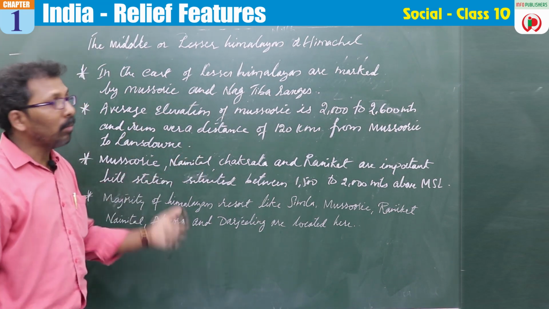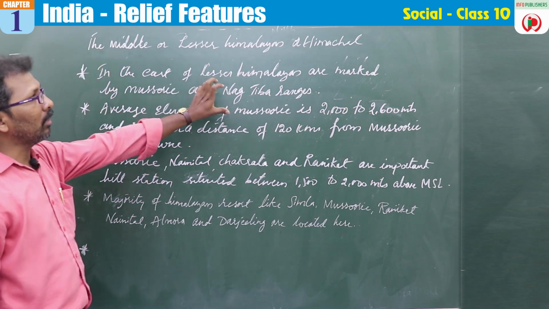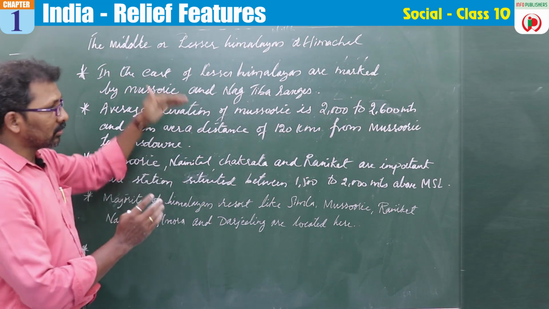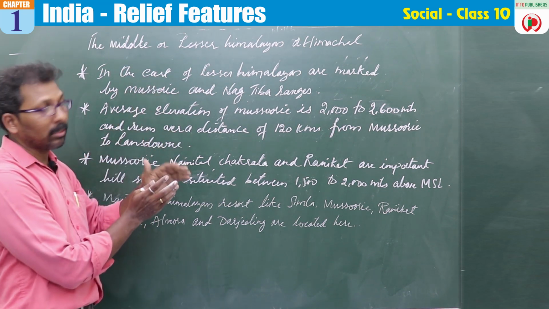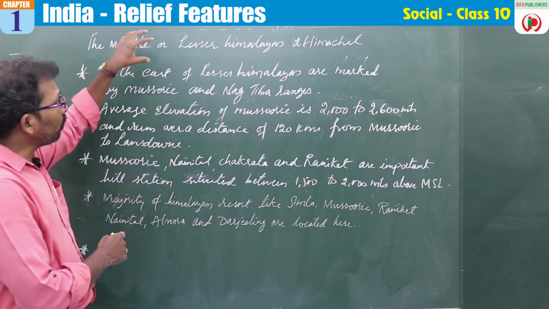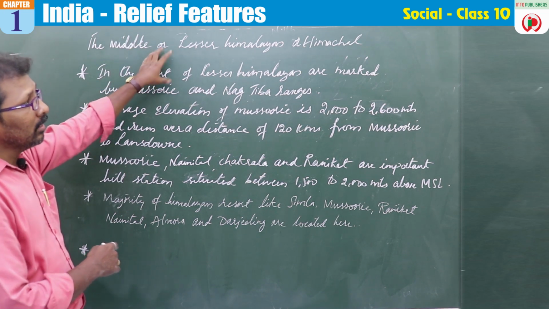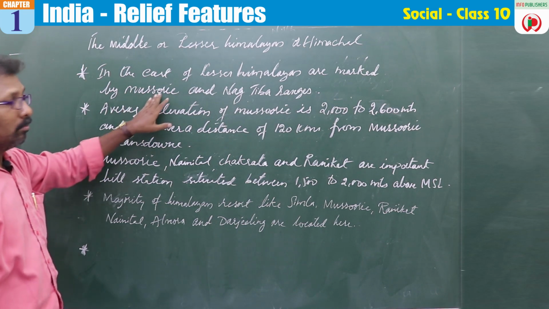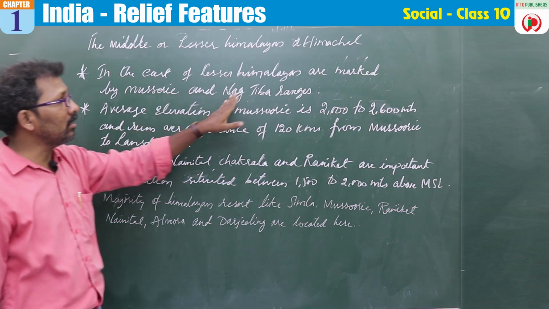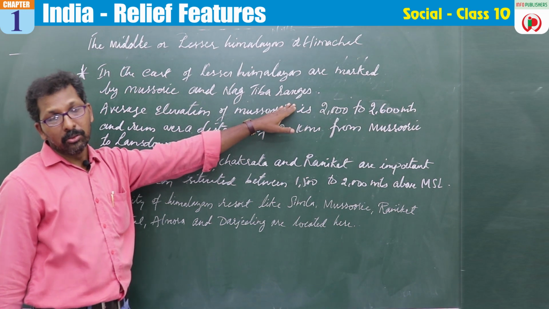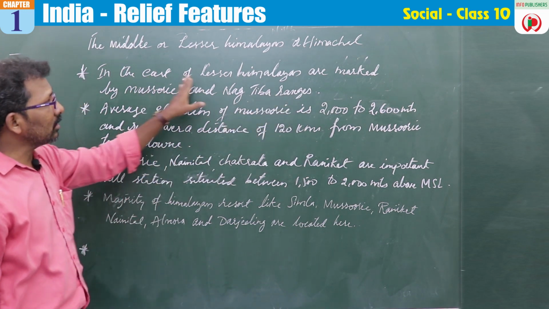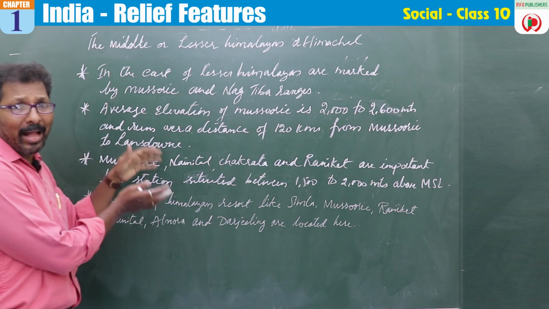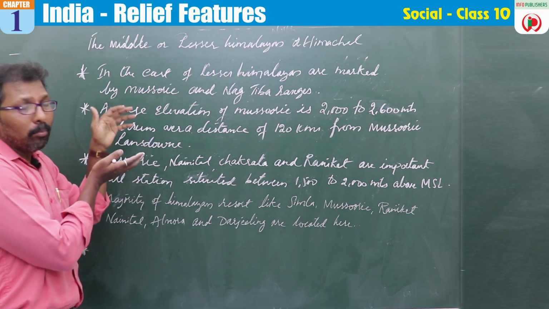Now, talking more about the middle and lesser Himalayas, last we discussed the southern part. Now we discuss the eastern part. The eastern part of the lesser Himalayas is marked by other ranges like the Mussoorie ranges and the Nag Tibba ranges. These two ranges are present in the eastern part of the lesser Himalayas. What is the average elevation of Mussoorie?